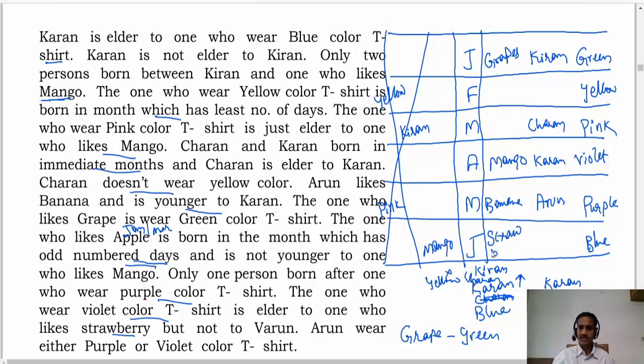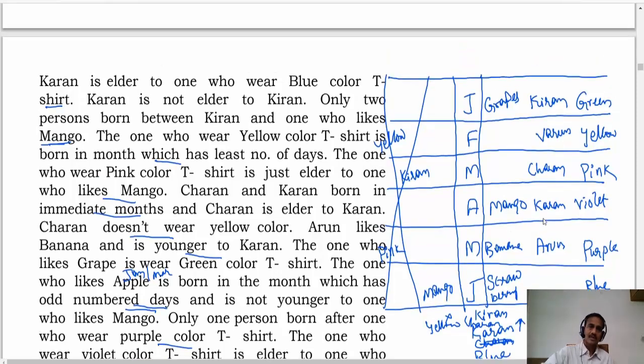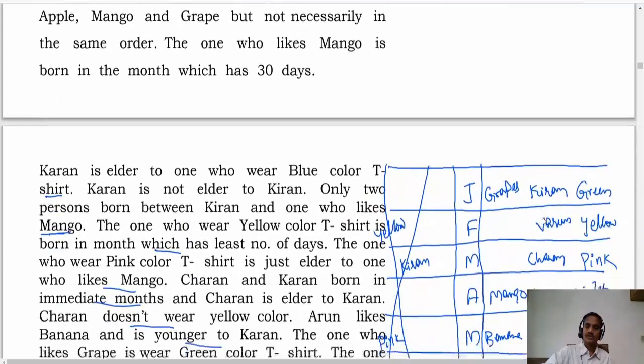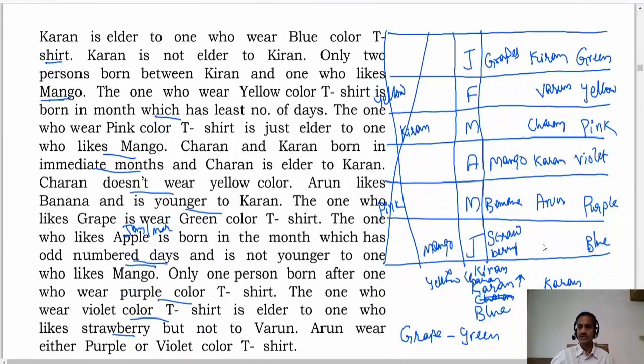Violet is elder to strawberry but not to Varun. Hence Varun must be above this one, and Varun must be at this place. Kiran, Varun, Charan, Karan, Arun are done. Now tell me who is the person left over. Tharun is the person left over, and Tharun is at the last.